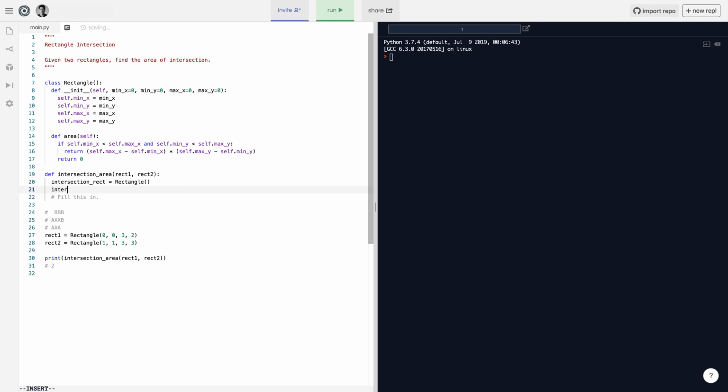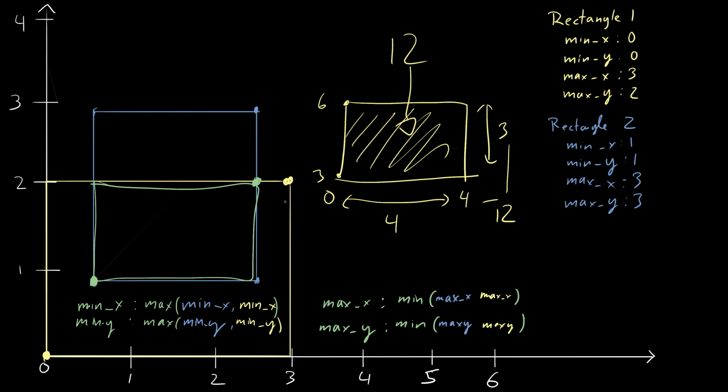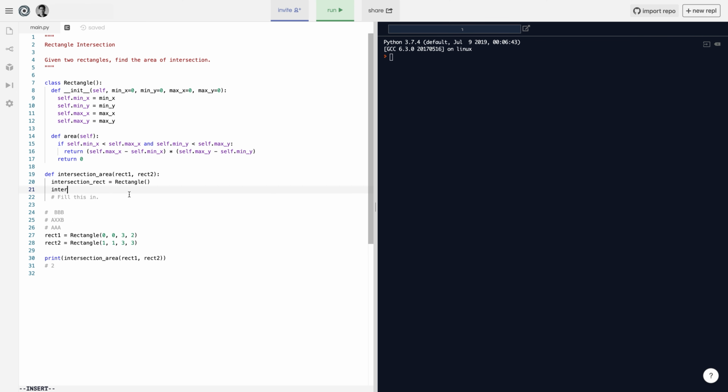Like we said before, if we look back at our drawing, the min x is basically the max of the blue min x and the yellow min x, right? So let's do that. Intersection rect min x equals max of the first rect's min x and the second's. So here we have the blue rectangle and the yellow rectangle.